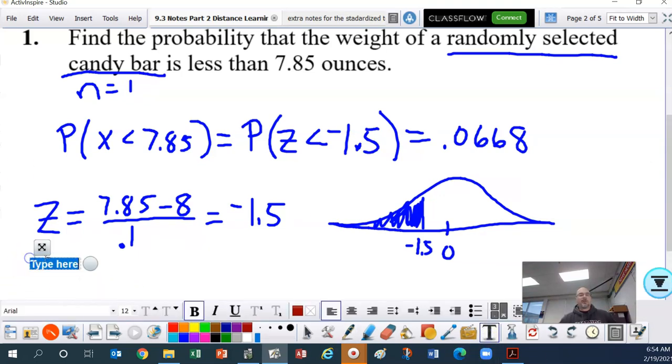I'm going to type this out. Let me make that a little bit larger here.